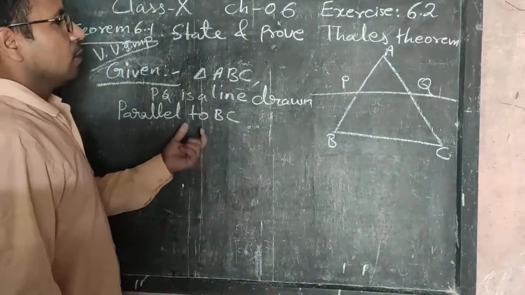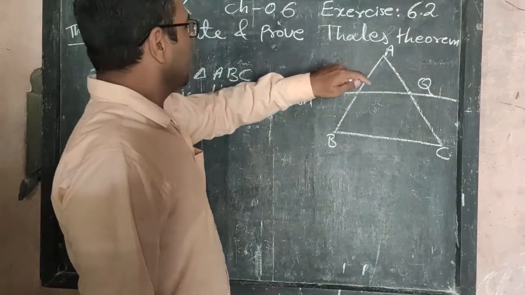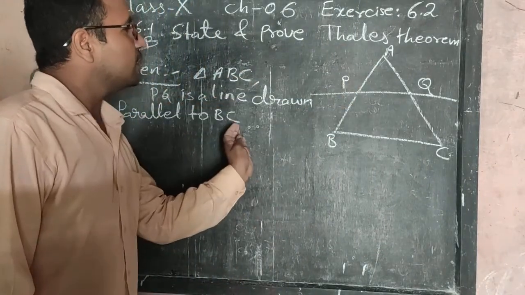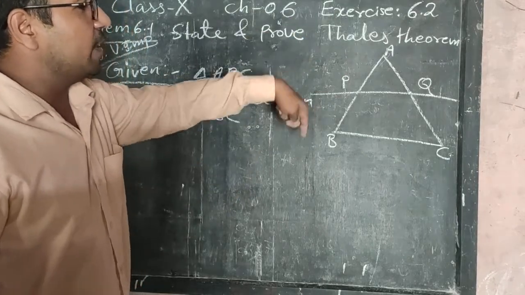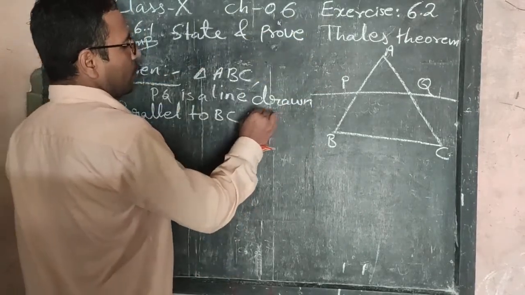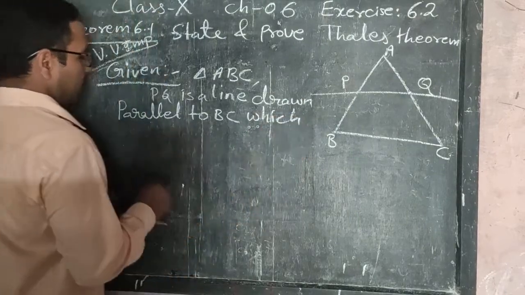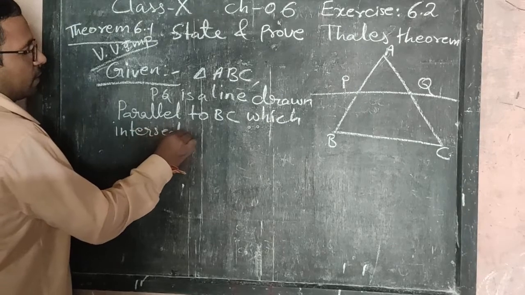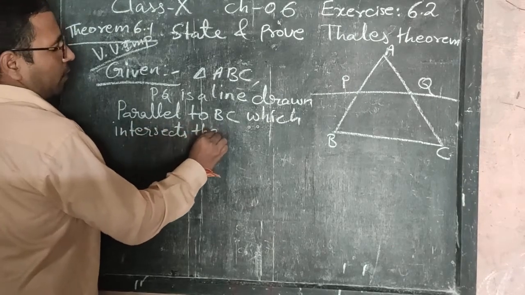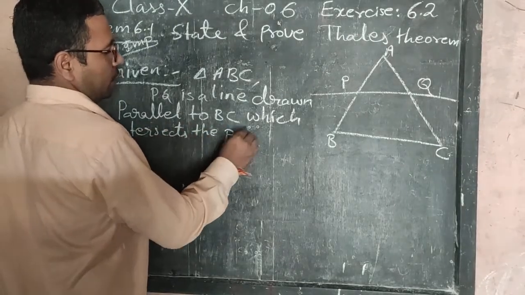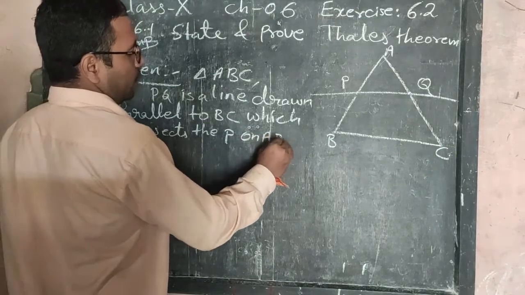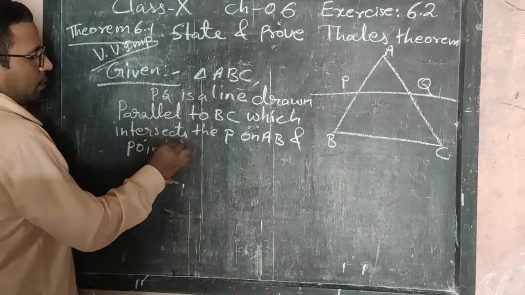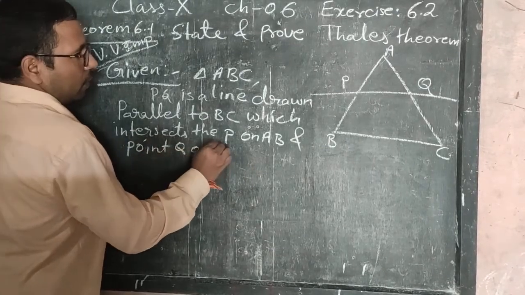PQ is a line drawn parallel to BC which intersects the side AB at point P and AC at point Q.